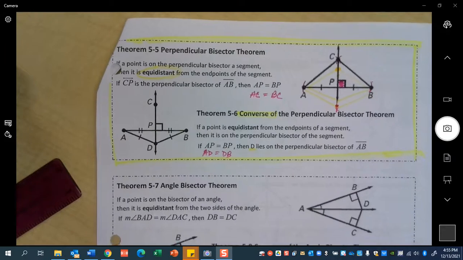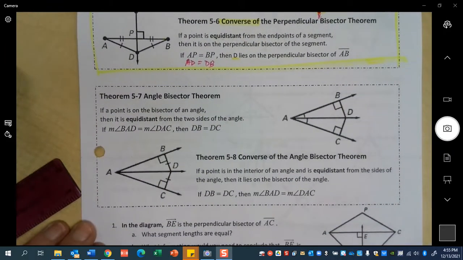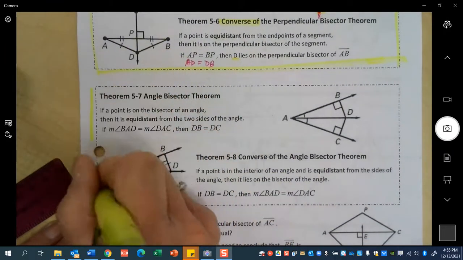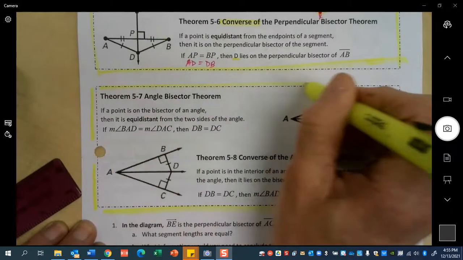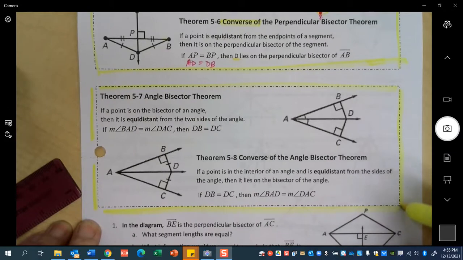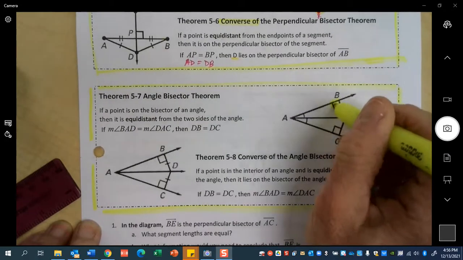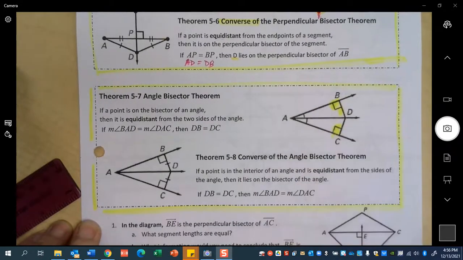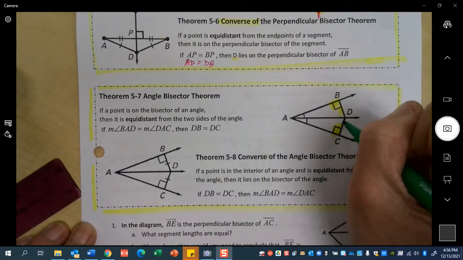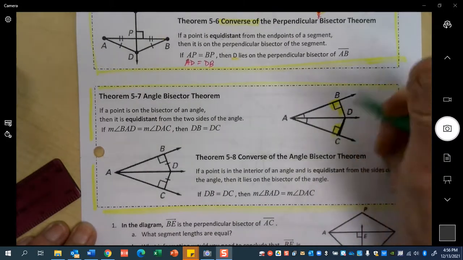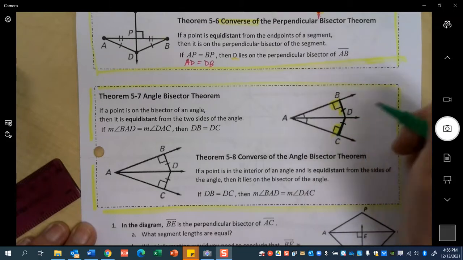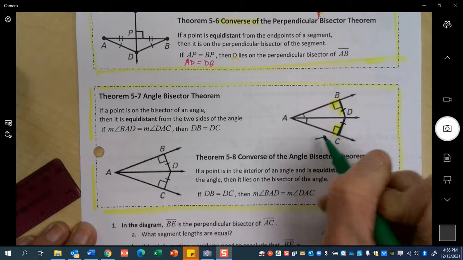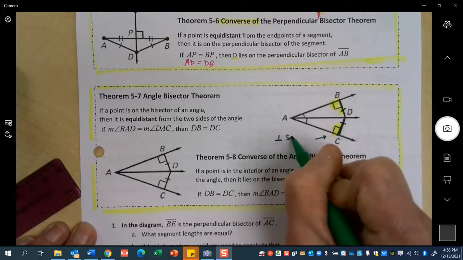In the same vein, we can talk about angle bisectors. If a point is on the angle bisector, it's going to be equidistant to the sides of the angle. Now, this is where it becomes super important that we measure that distance with that perpendicular line segment. We need to make sure that when we measure this distance, we're doing it with that perpendicular segment.